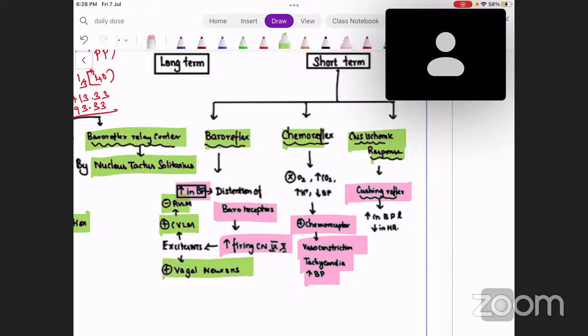So whenever the BP is raised, baroreceptors are activated, and this is how the baroreflex mechanism works.